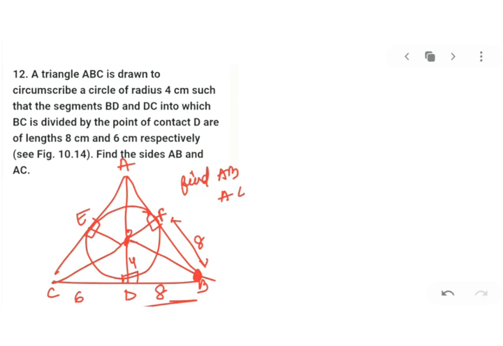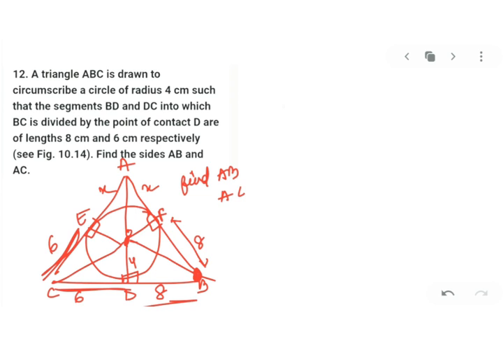Because from B points, these are the tangents coming up. So, these external points se jo bhi tangents aate hain, those are equal. If this is 6, CE will also be 6. Yes, my dear kids. But we do not know about AE and AF. So, I'll put it as X. So, I have put it as X.